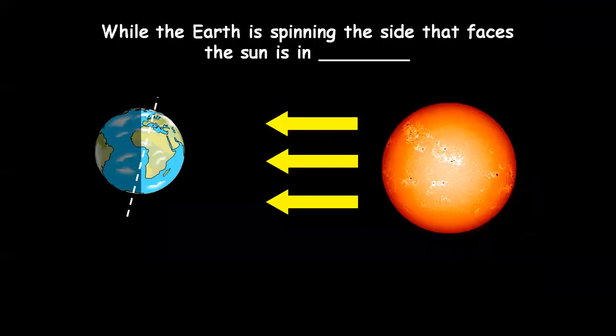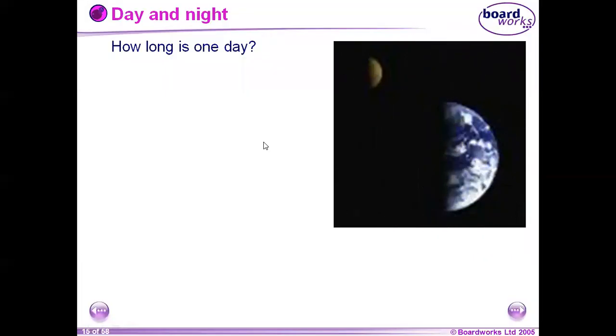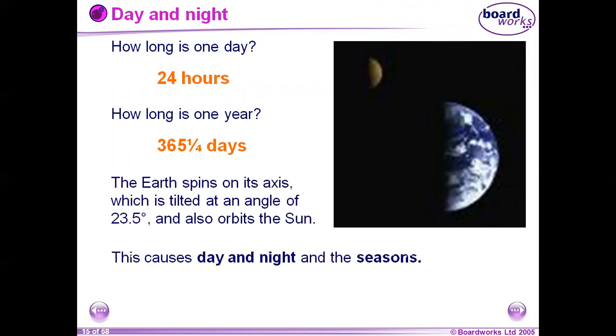This will give us a clear picture with the sun, the Earth, and the axis of the Earth, how it's tilted. Now, while the Earth is spinning, the side that faces the sun is in daytime, right? Okay. How long is one day? A complete day is about 24 hours, and 1 year is about 365 and a quarter days.